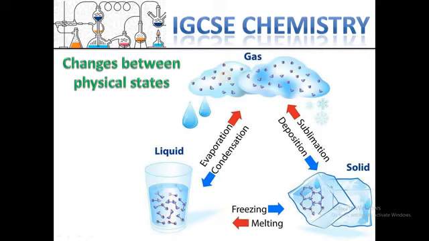It's the same when it's in the liquid form, or when it gets cold, like ice formation, or the gas formation. The chemical property is the same. That's why we say it's a change between physical states, not chemical states.